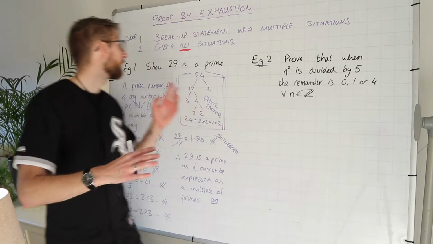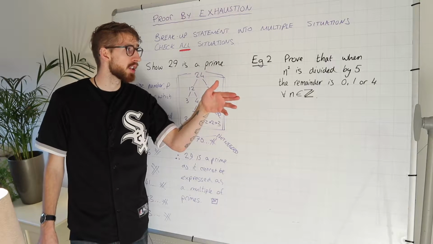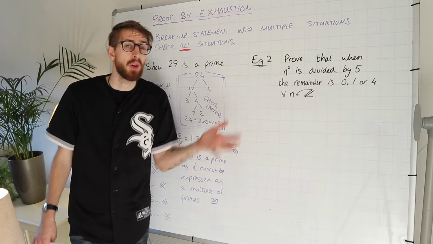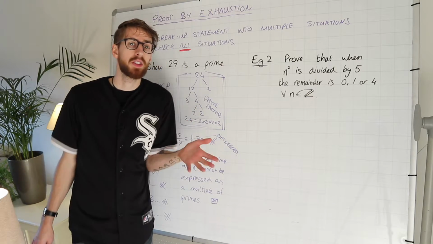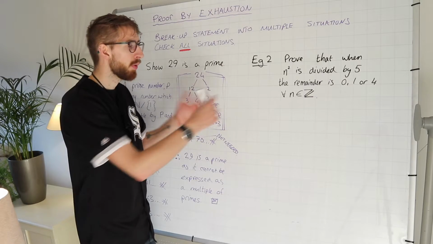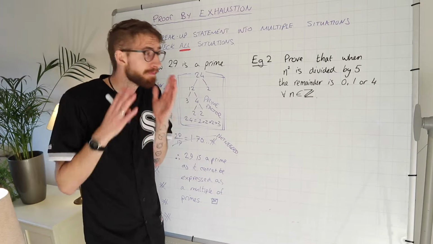Now step 1 is to break up the statement into multiple situations. Our multiple situations here, it kind of looks like it's all the integers, every single one. To do this proof by exhaustion then, are we going to have to check and try every single integer?